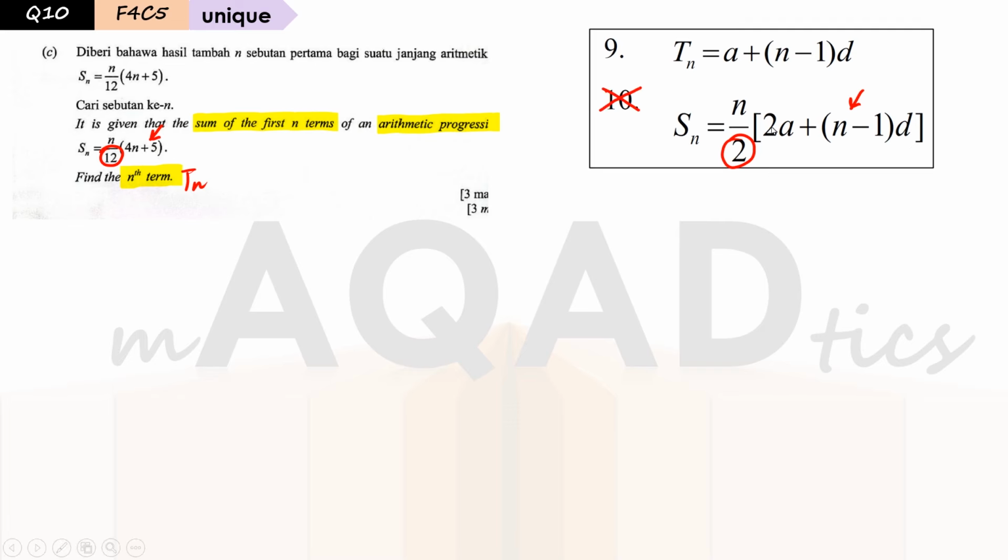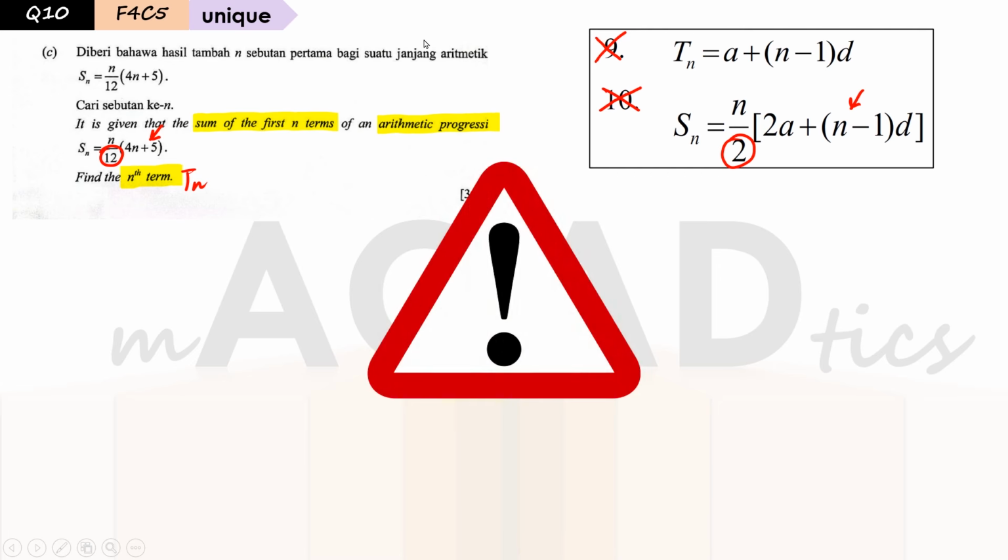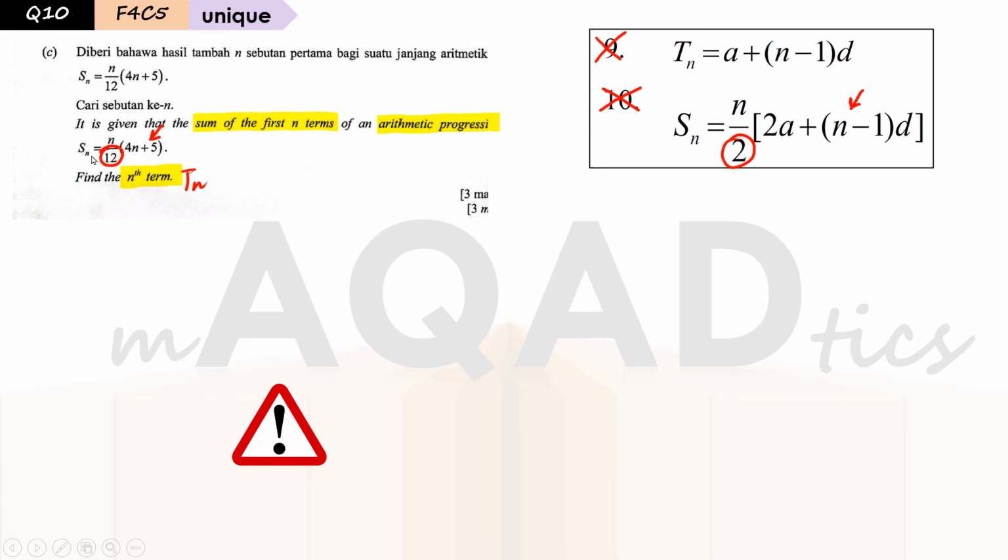So since we cannot find the values of A and D, the formula 9, which is the Tn formula, we also cannot use. Alright, so now it's just purely on here, Sn and Tn. How are we going to find it?